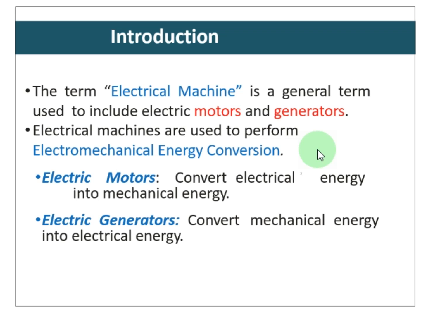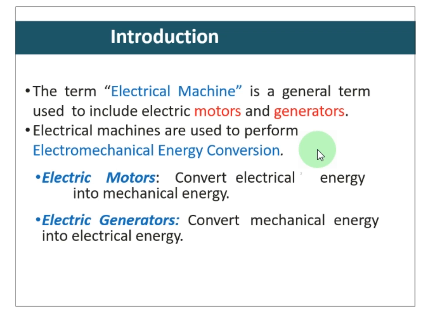That means electrical to mechanical energy or mechanical to electrical energy. When we consider electric motors, they convert electrical energy into mechanical energy. Then electric generators do the other way around.